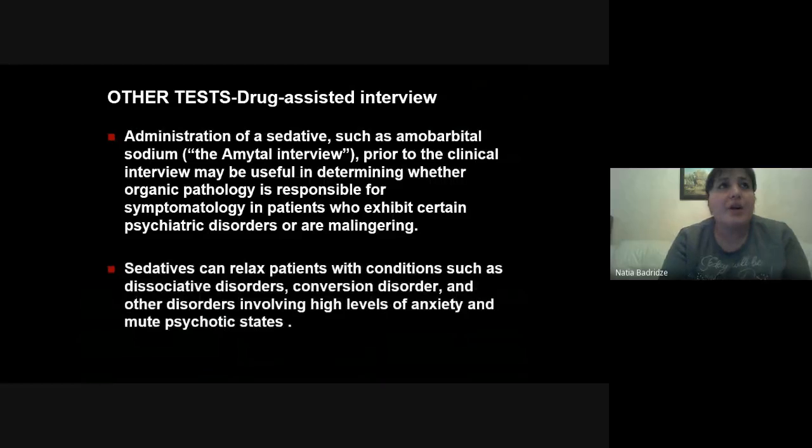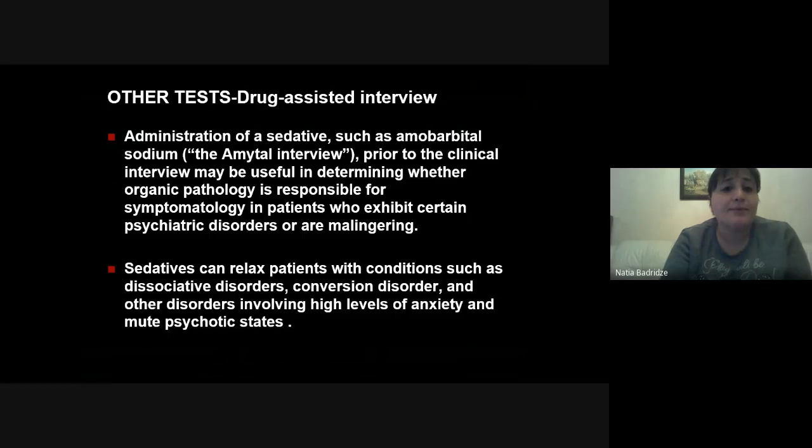There exist other tests to identify the different functions of patients. For example, one test is a drug-assisted interview.